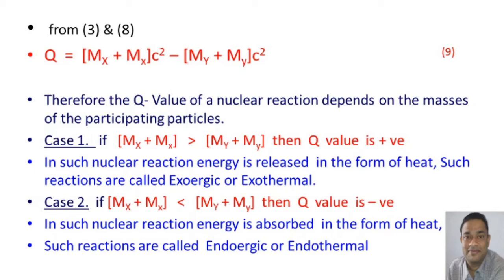And if the Q value of the nuclear reaction is negative, it means energy is absorbed in that nuclear reaction in the form of heat. Such nuclear reactions where energy is absorbed are called endoergic or endothermal.